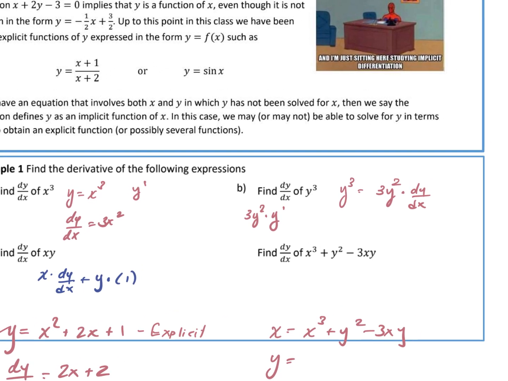So this one, we've got 3x squared plus 2y times dy/dx minus first times derivative of the second plus the second times derivative of the first. And then you would simplify it. I'm not going to simplify it right now, but that's sort of the idea.